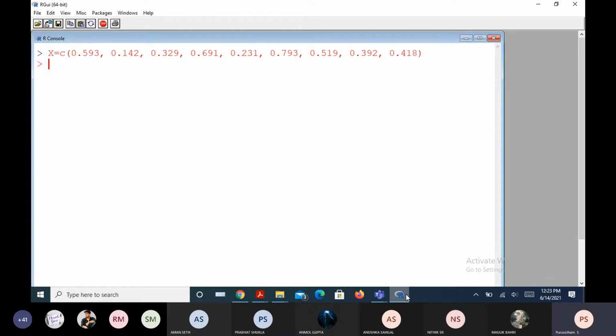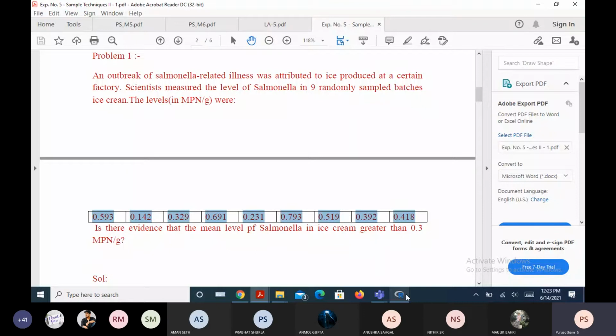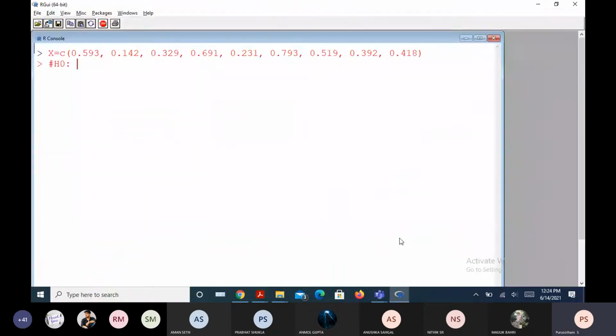Let us see what is the null hypothesis that is given here. H naught. What you need to test? The mean level of Salmonella in ice cream is greater than 0.3. Right? Normally, what is the null hypothesis?